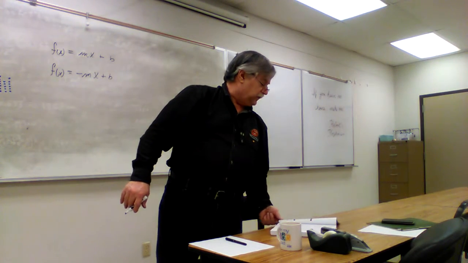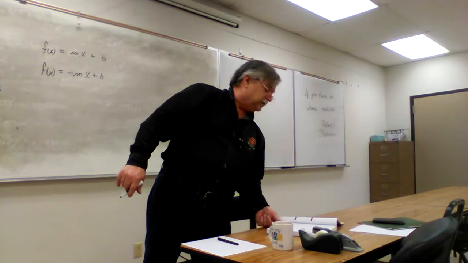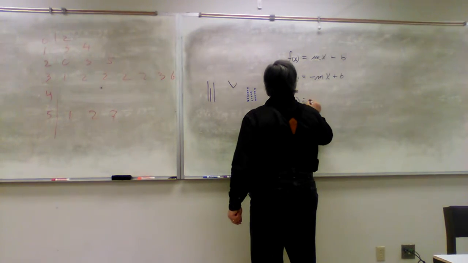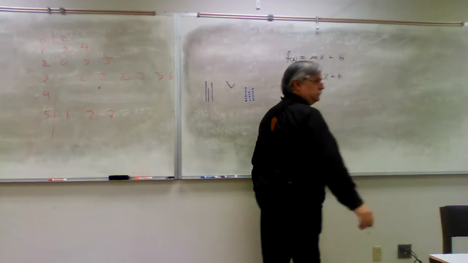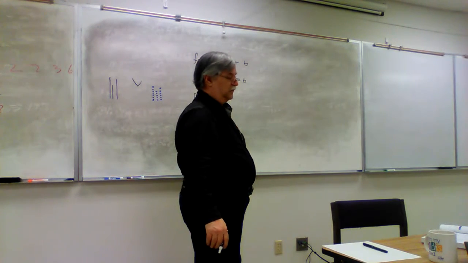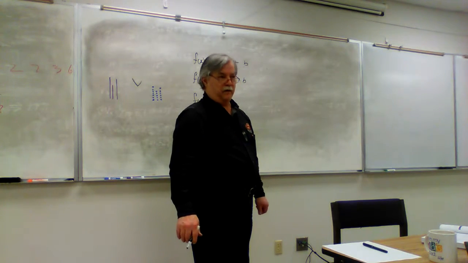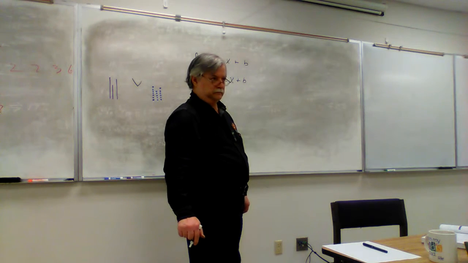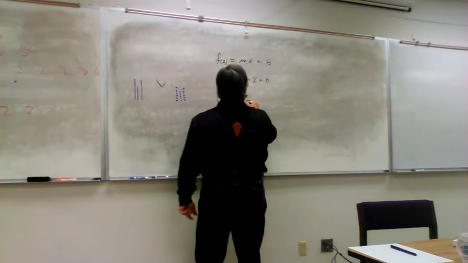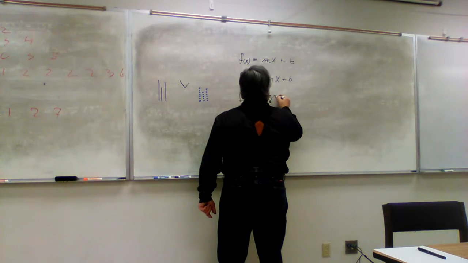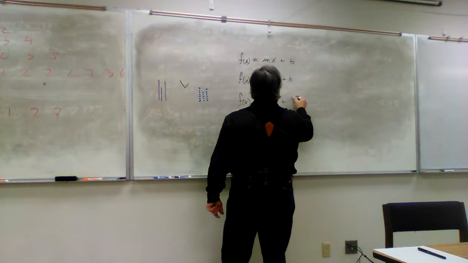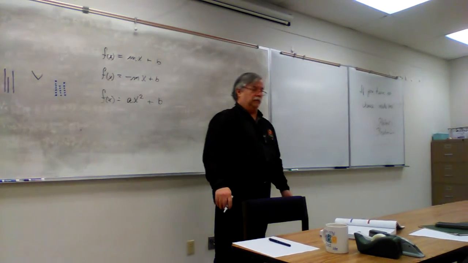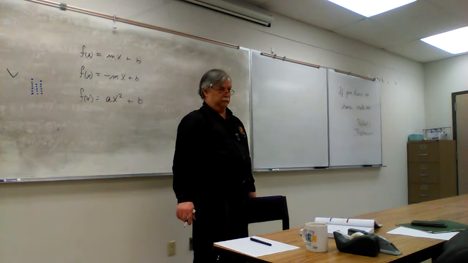How would you describe the relationship in plot C? It is definitely nonlinear. It is not a straight line. What kind of nonlinear? That would be a quadratic relationship.